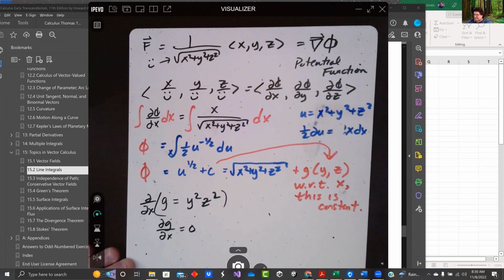This is similar to our last problem, but a little bit different in that we don't have an r in it. So we're doing the gradient of that: d/dx, d/dy, d/dz of 1 over that.